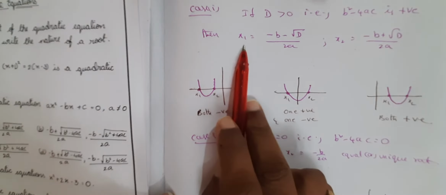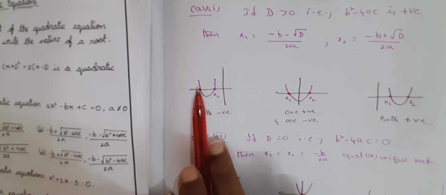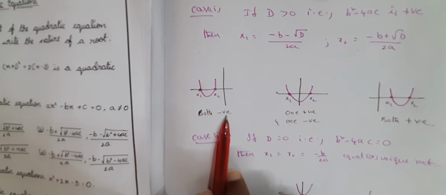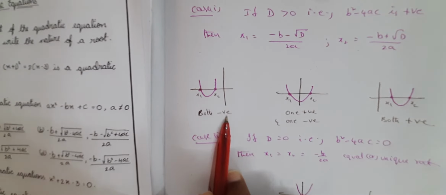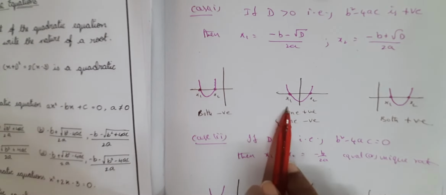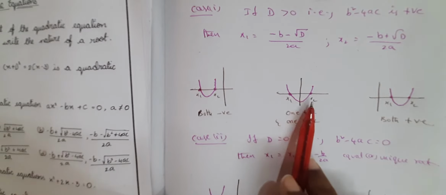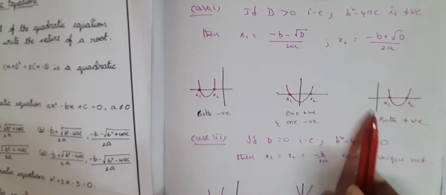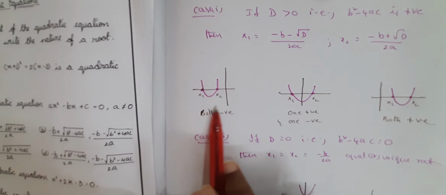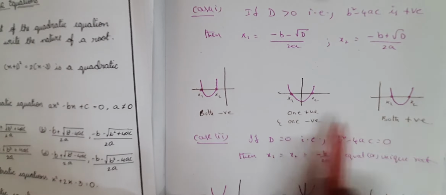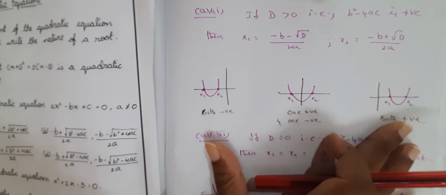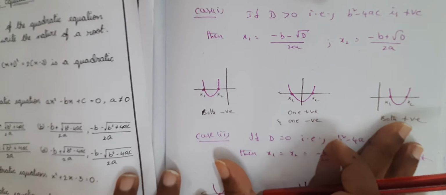That means there can be two x-intercepts which are both negative, depending on the a, b, c values, right? And then next, one can be positive, one can be negative, and both can be positive. So these graphs represent the condition discriminant is greater than 0.